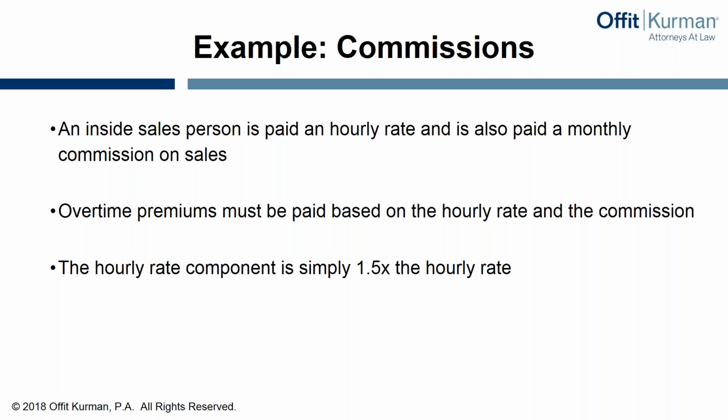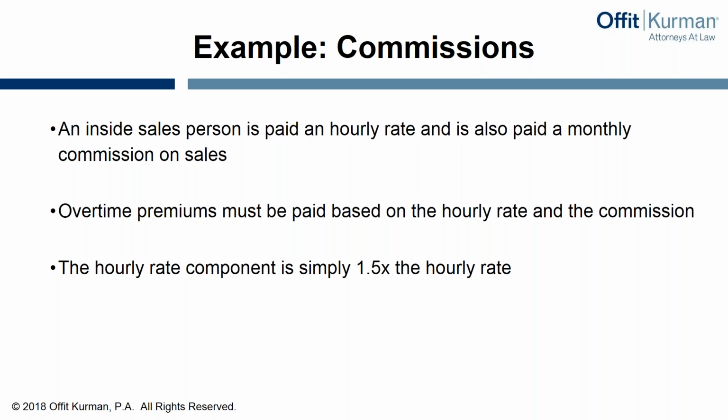The overtime rate based on the hourly rate is $15 per hour because that's 1.5 times 10. You would then multiply that $15 per overtime hour times the 10 overtime hours to arrive at a figure of $150 owed of overtime premium.